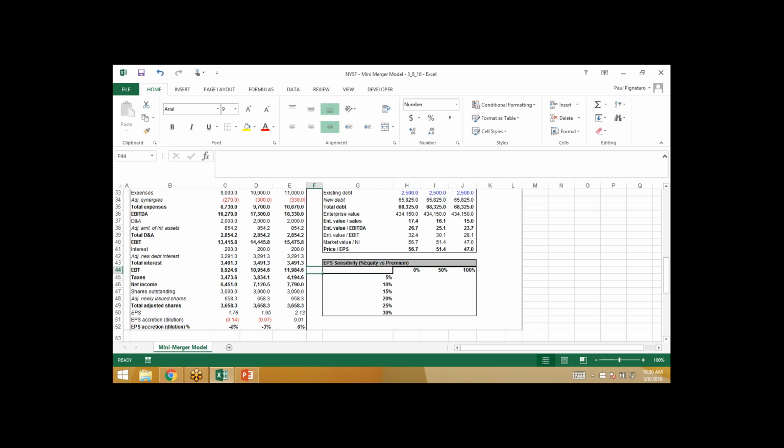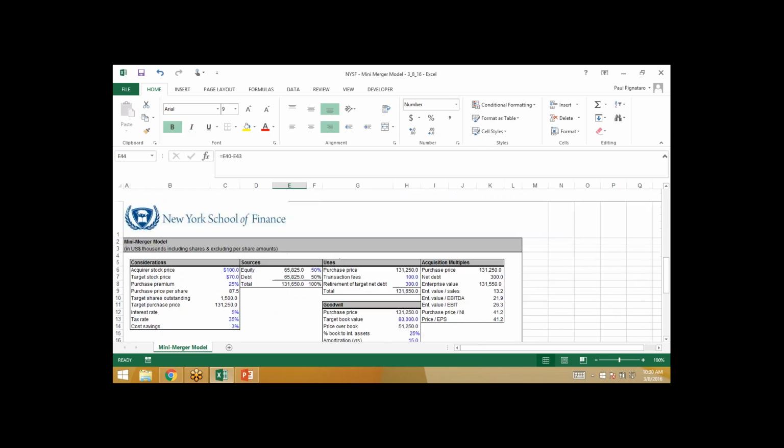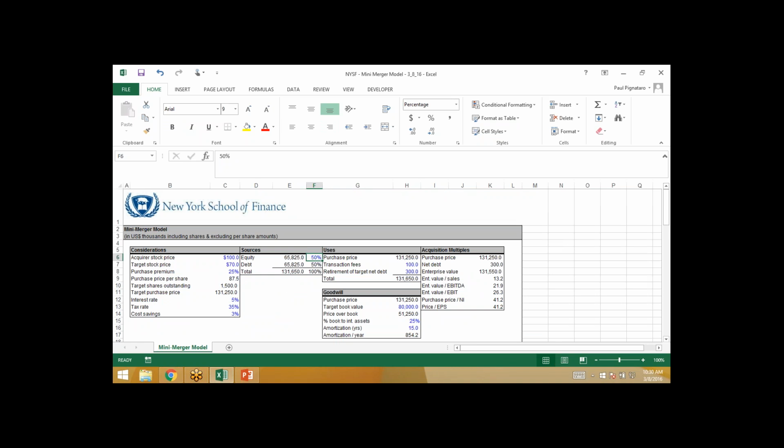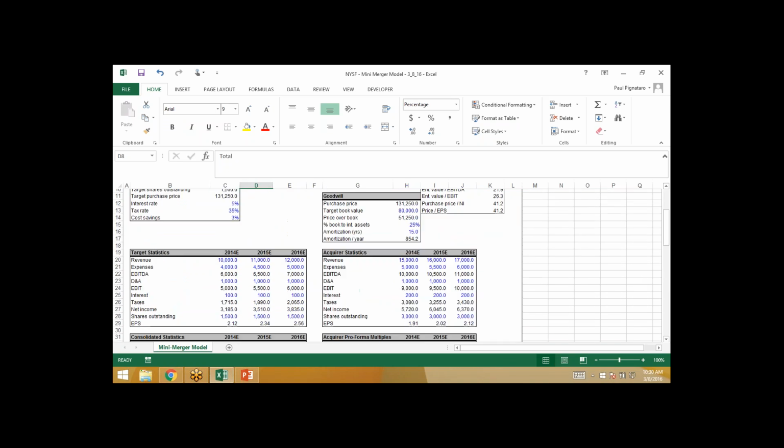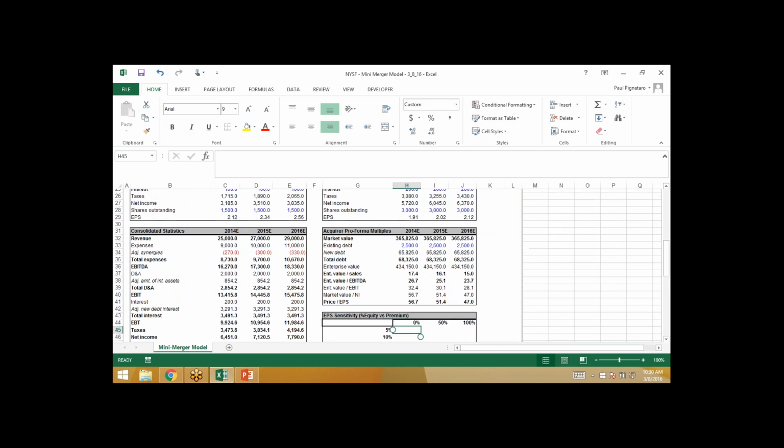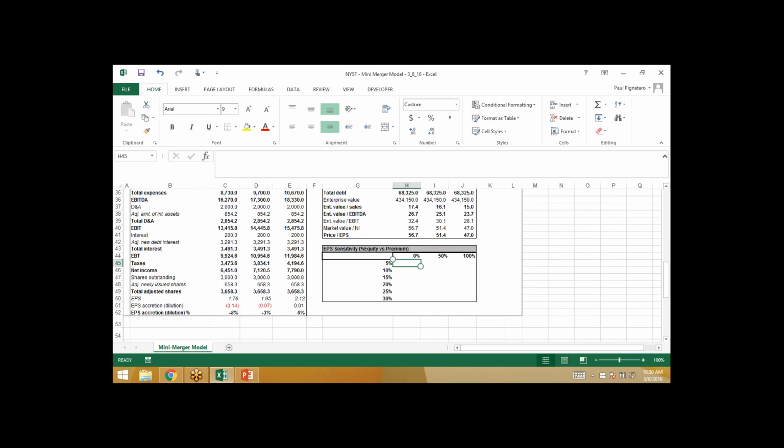So we're going to fill out this table by running sensitivities. For example, what we're doing right now is the 50-50 case, 25% premium. Let's say we want this table populated with the 2016 sensitivity. What would happen if our premium changes or our debt equity split changes? How would our 0% accretion change?